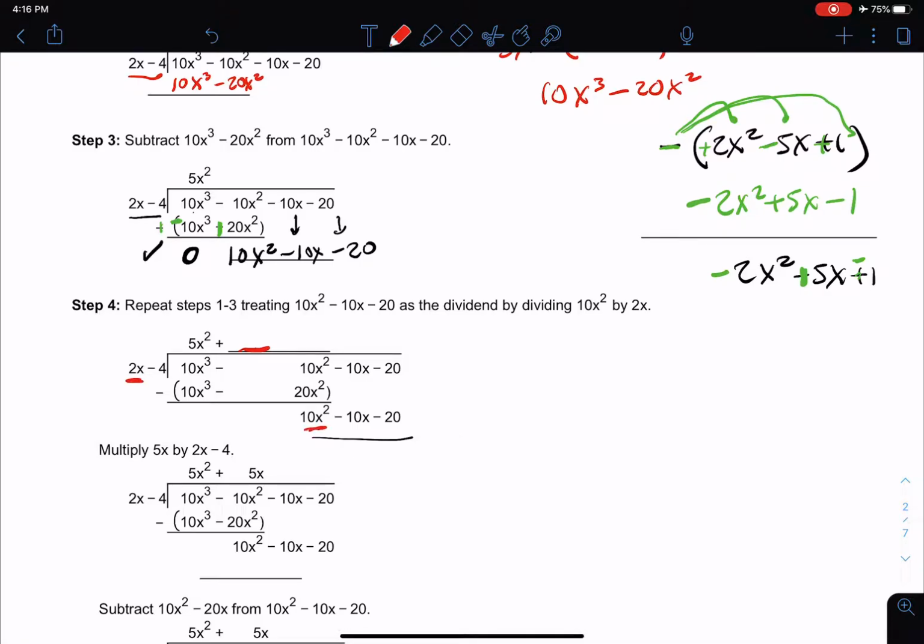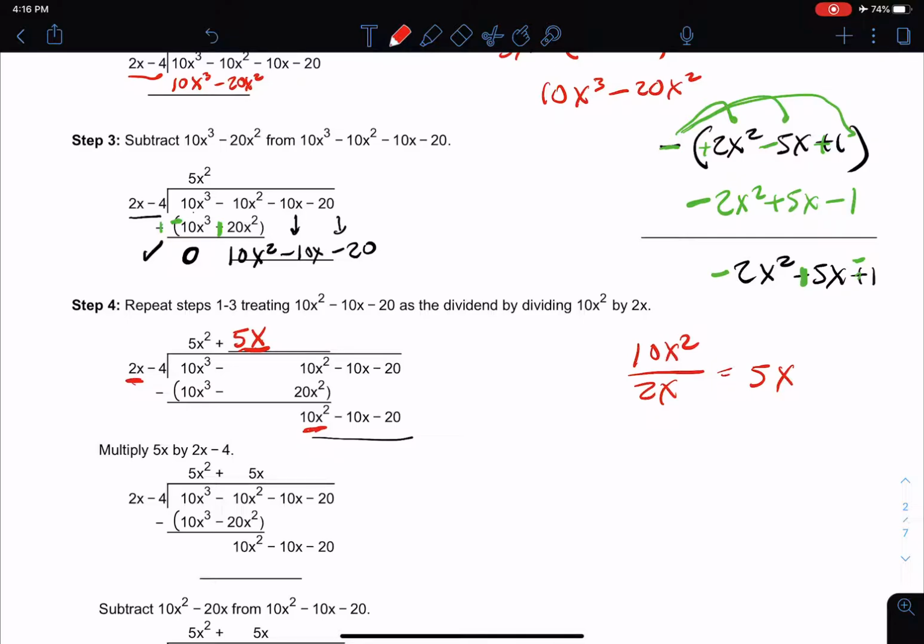That's how I like to do it. The book likes to do it this way, which is fine too. 10x squared, take the leading coefficient, divided by your leading coefficient of the divisor, 2x. And then you don't have to guess what to do. It's just 10 divided by 2 is 5. X squared divided by x is x. And so you know the next number up here has to be 5x.